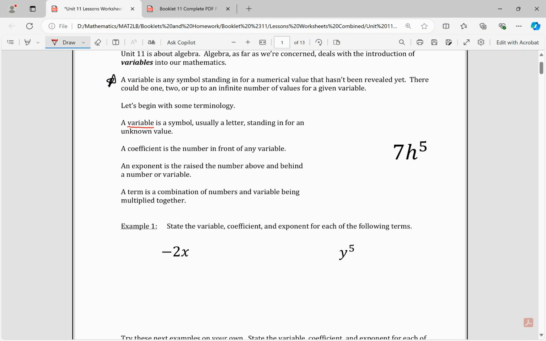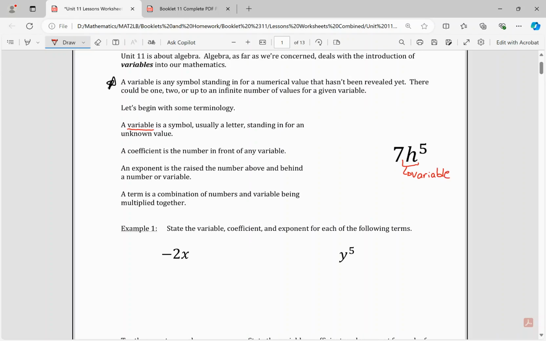So a variable is a symbol, usually a letter, that is a stand-in for an unknown value. In this case, our variable is h. Okay?